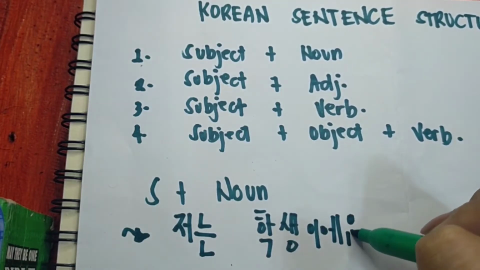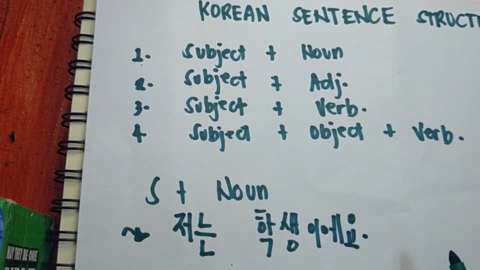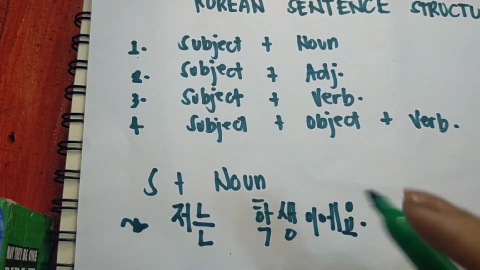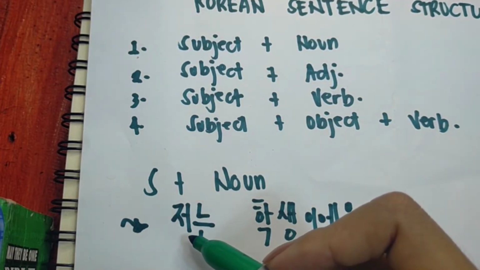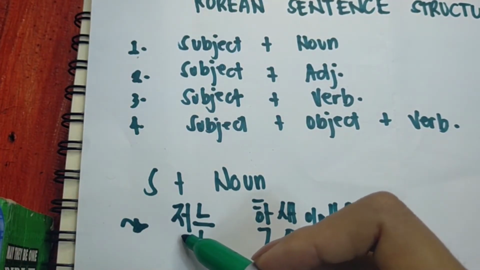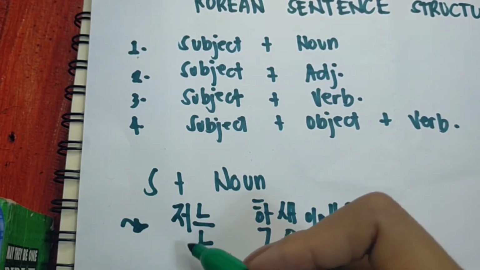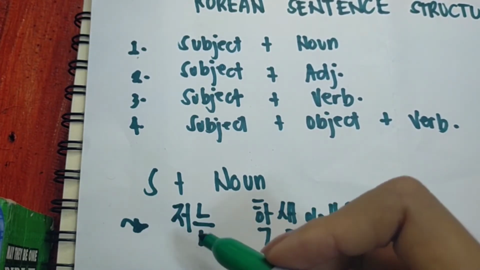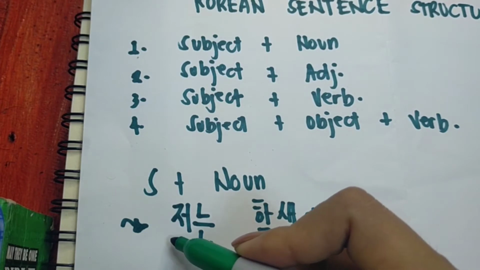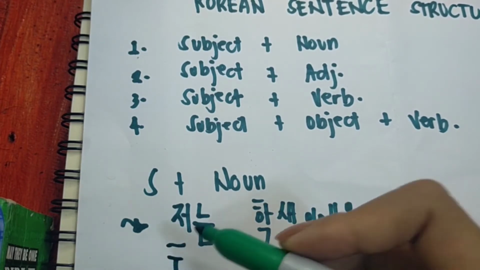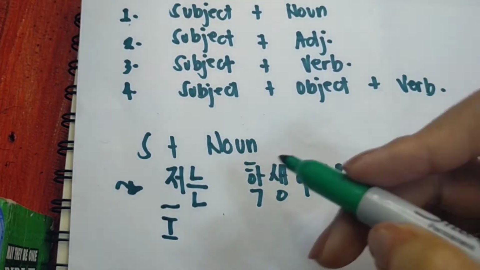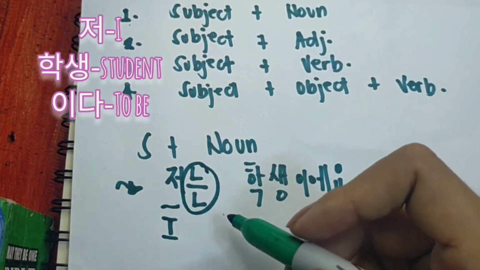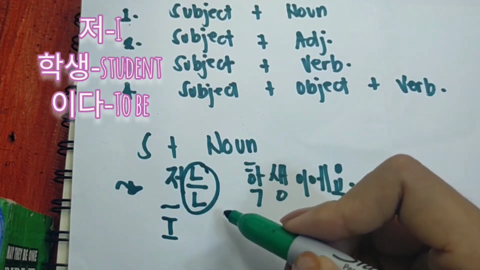Ang subject dito is itong 저는. 저는 means I in English. Ayan, I. Nun is yung topic particle or subject marking particles.